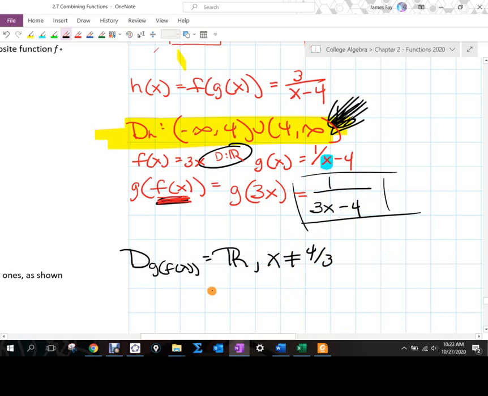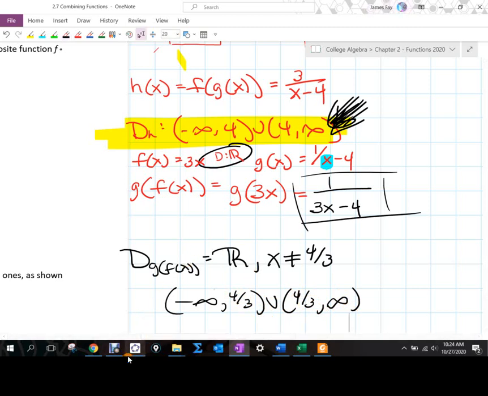So like I said, this innermost function's domain governs the final domain, but through that substitution, you might generate an issue. We have to make sure we pay attention to that. So in interval notation, negative infinity to 4/3, union 4/3 to infinity.